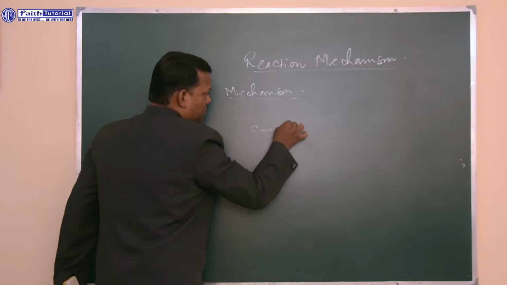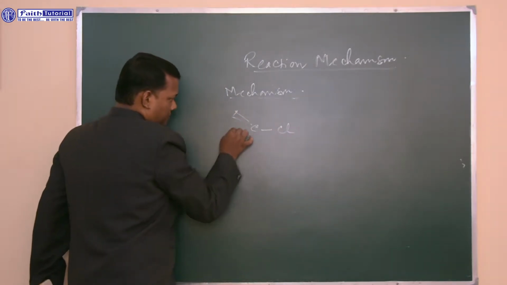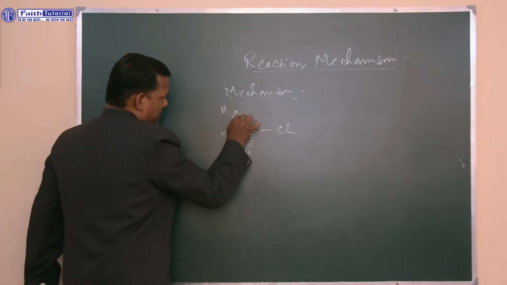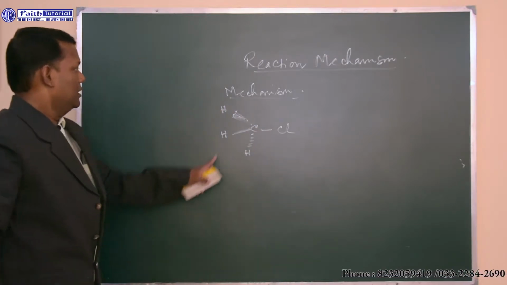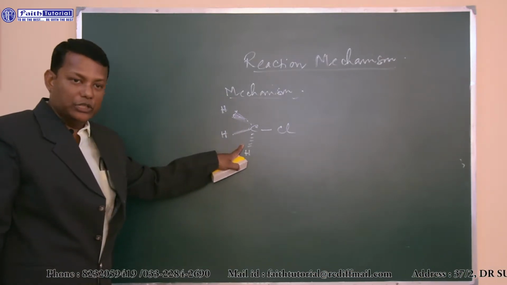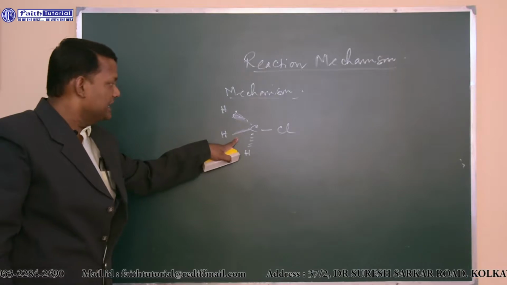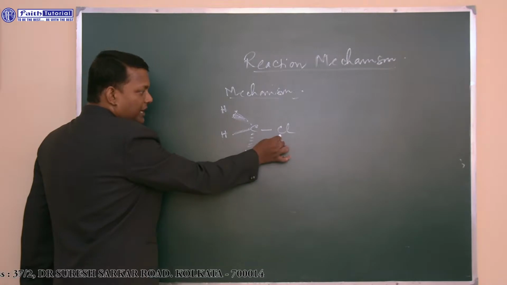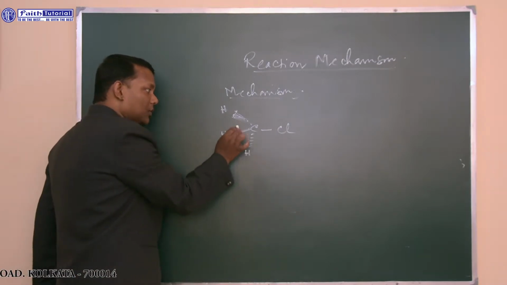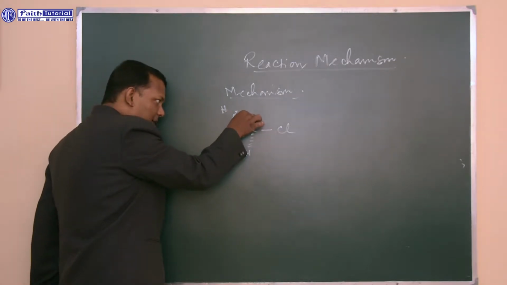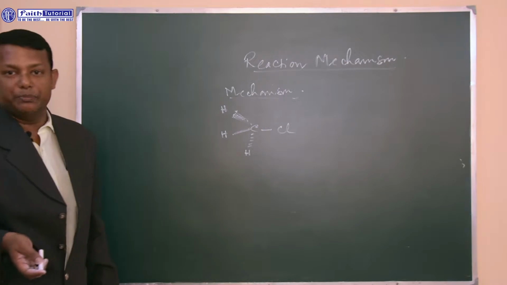The tetrahedral structure of methyl chloride is like this. This bond indicates above the plane, this bond below the plane, and a single line indicates on the plane. That means in methyl chloride, the chlorine atom and this hydrogen atom are on the same plane with the carbon, but this hydrogen is above the plane and this hydrogen is below the plane.